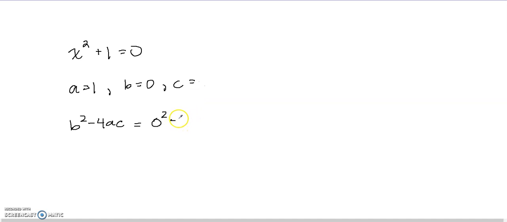So we'd have 0 squared minus 4 times, I don't know why it does that. It defaults to blank color. 0 squared minus 4, come on now.